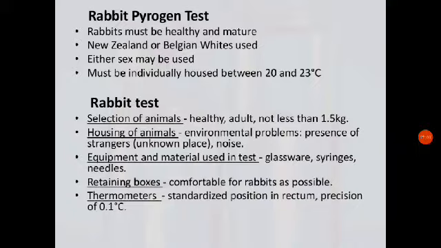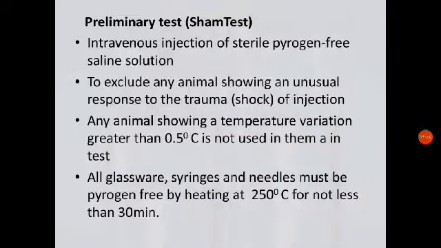Both sexes can be used, and this procedure generally involves a selection of animals weighing not less than 1.5 kilograms, and recording their body temperature by using clinical thermometers having precision recording.